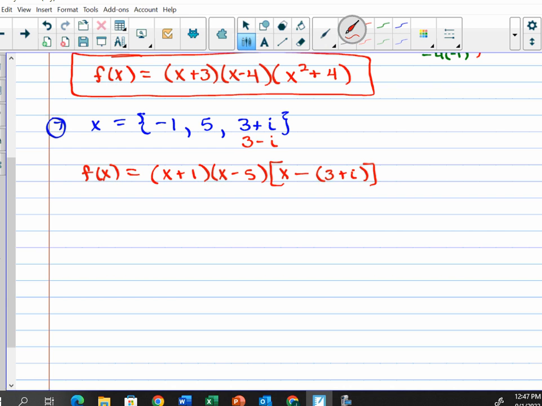That's the whole solution. And then also x minus, in parentheses, 3 minus i. This is just to make sure you don't mess up a negative. Okay? You'll start to see some patterns and figure things out. But for step 1 here, we're going to write it that way.